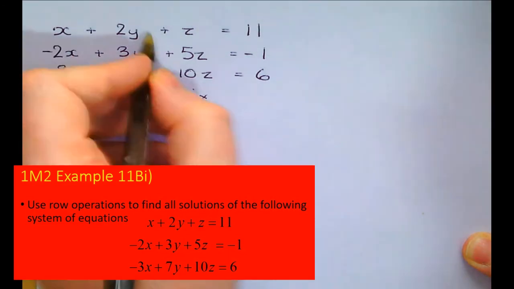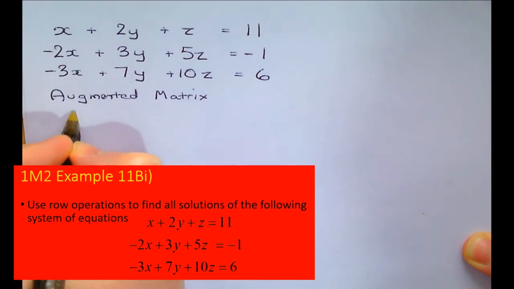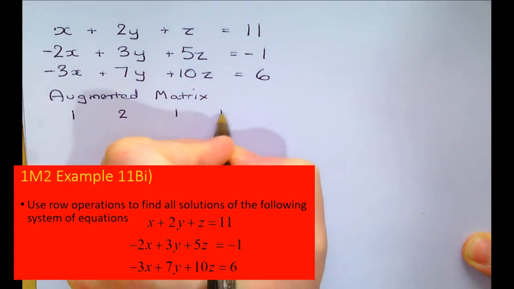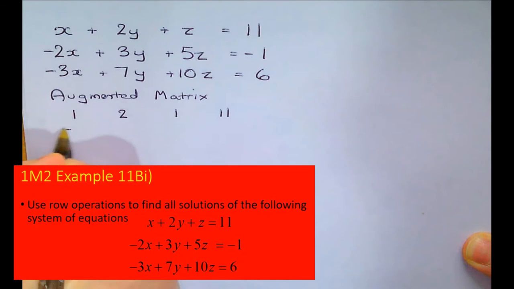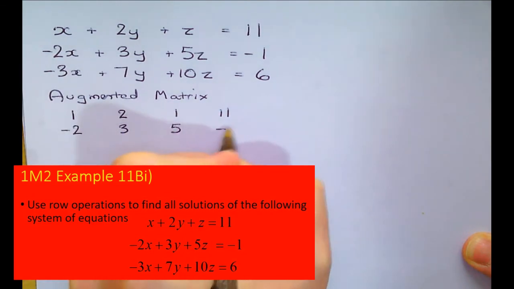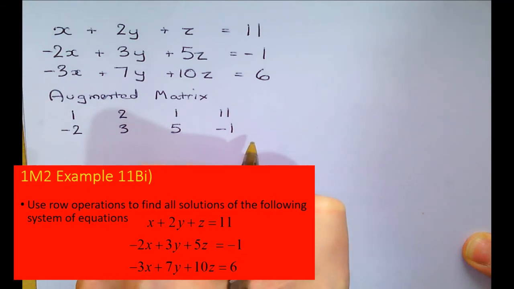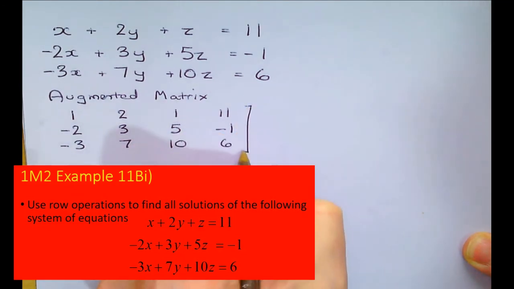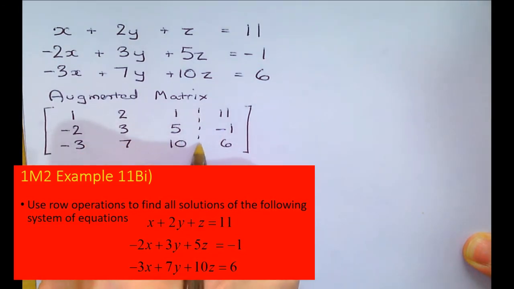so we take the coefficients from the equations: 1, 2, 1, 11; minus 2, 3, 5, minus 1; minus 3, 7, 10, 6. That's our augmented matrix.